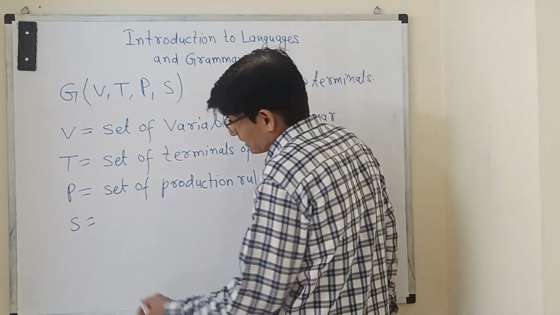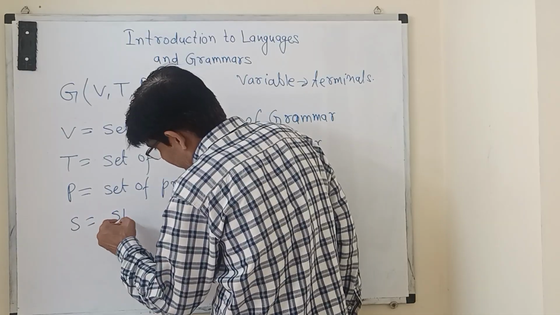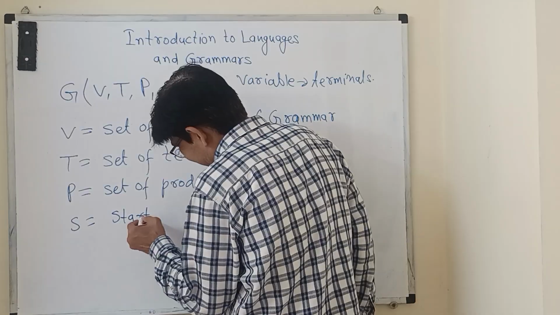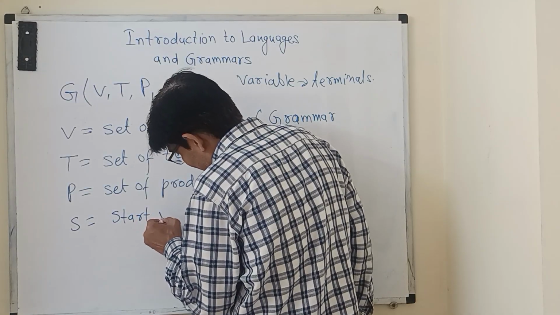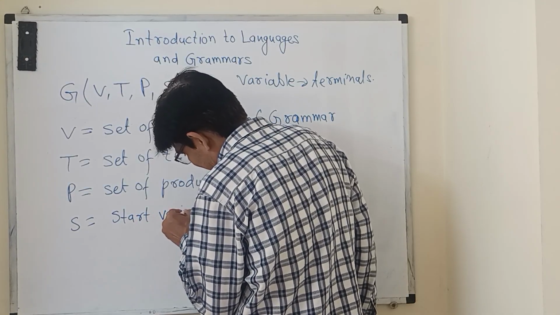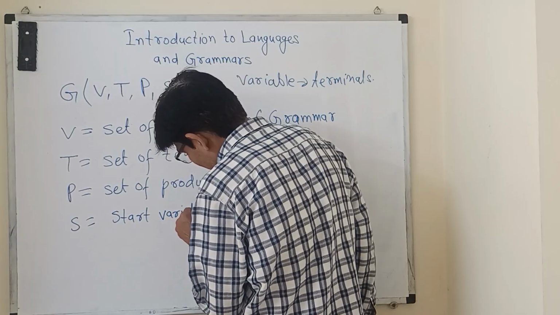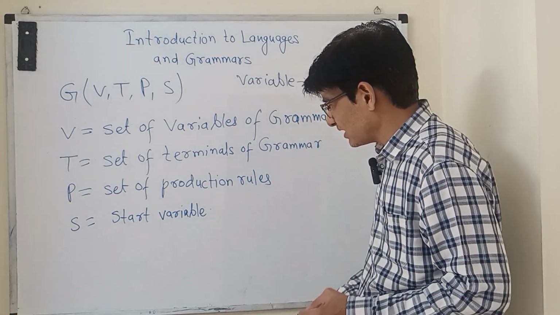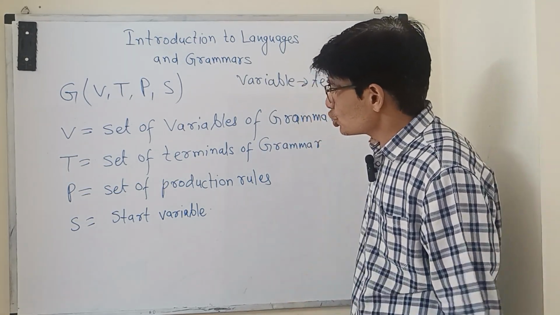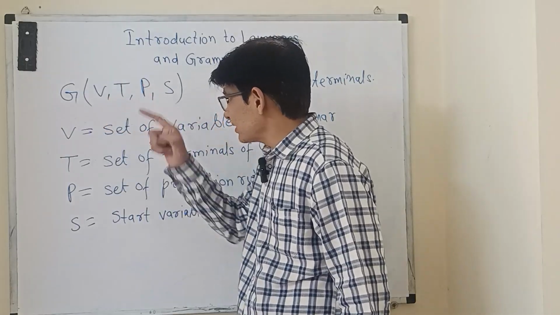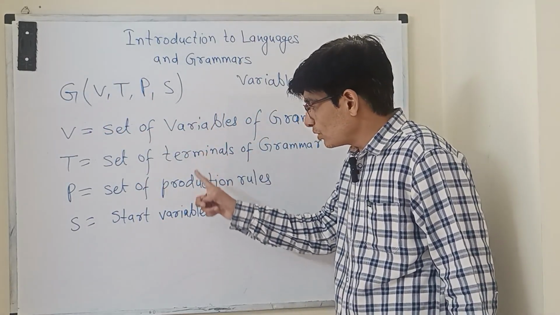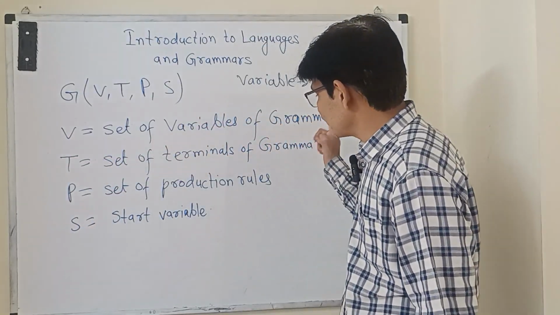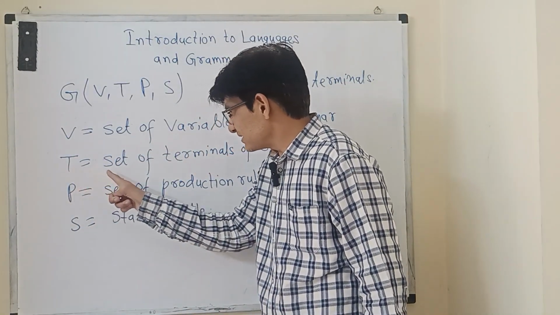The fourth tuple is the start variable. This is not a set. Remember, my friend, this is a single variable, and it is the start variable of the grammar; we will start with this variable only. So each and every grammar has four tuples like this. First is V, the set of variables. Second is T, the set of terminals.